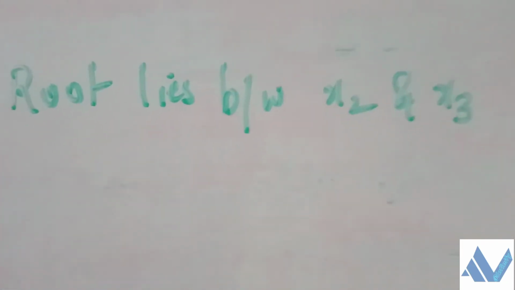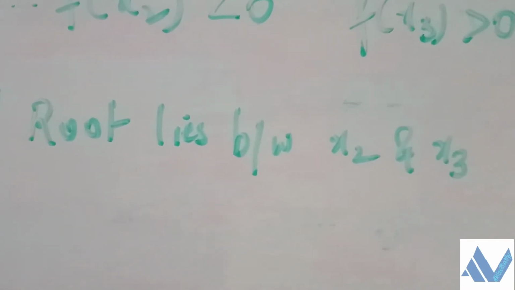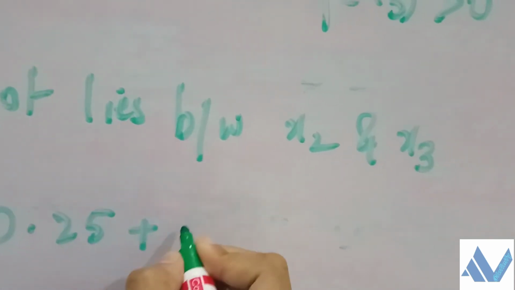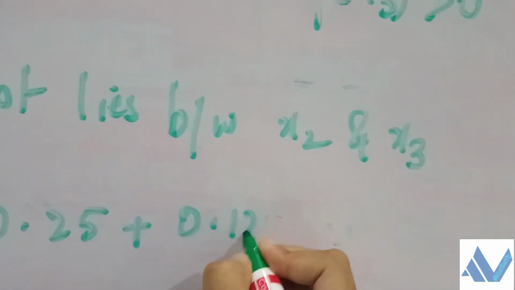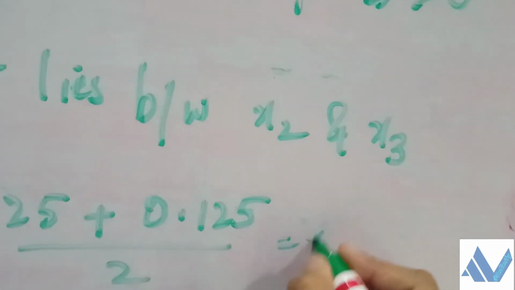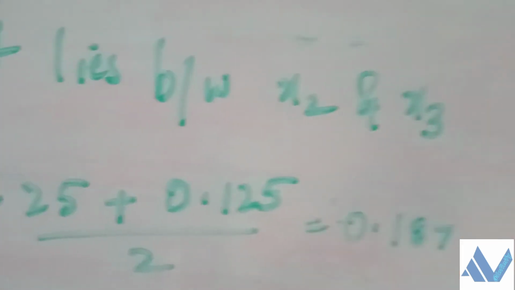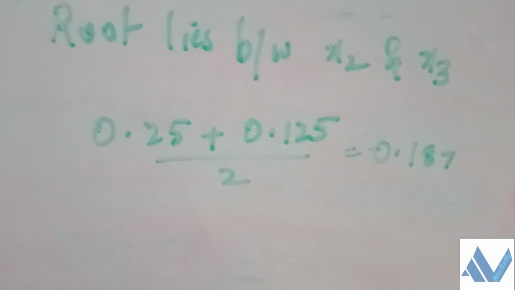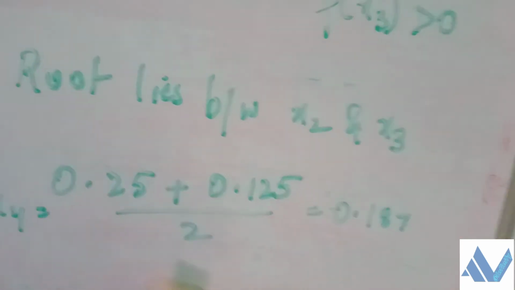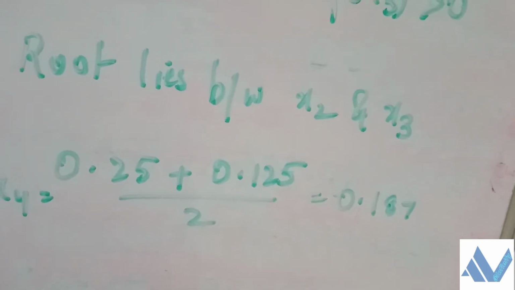So we take the x2 value we had got, 0.25, plus the x3 value 0.125, by 2, which is equal to 0.187. Therefore, the x4 value is 0.187.